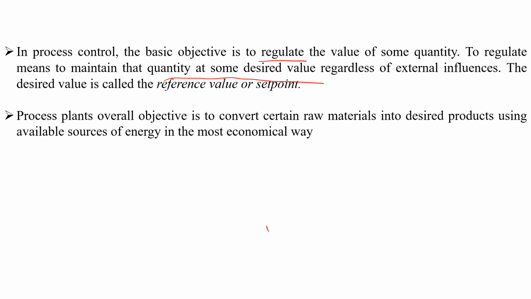Say for example, we have taken this level as 8 centimeters, and the current value is 4 centimeters. So we have to maintain this current value at the desired value of 8 centimeters. To do that, we need process control. So the objective of any process control system is to regulate a particular quantity to a desired value. That's the basic objective.